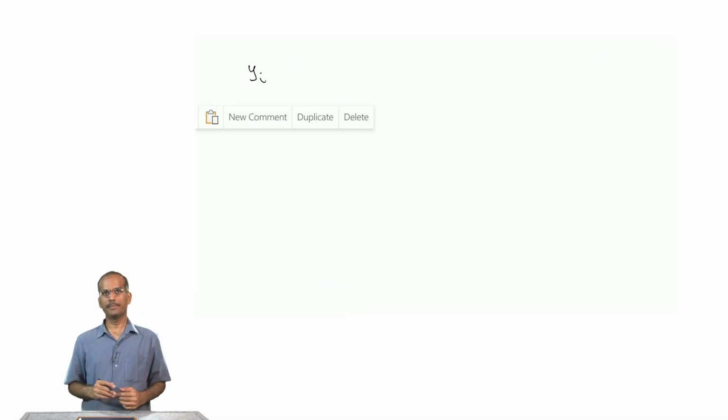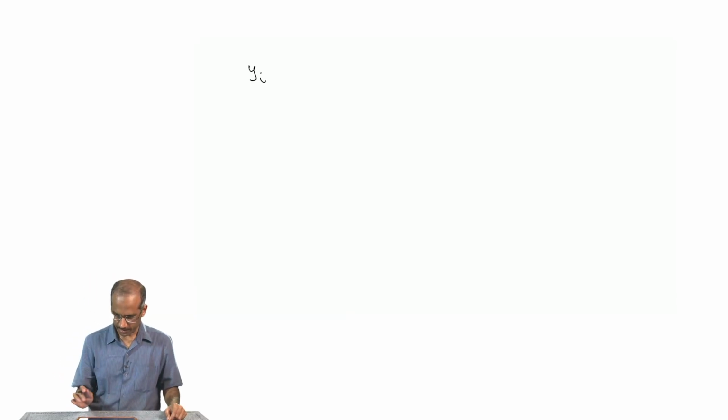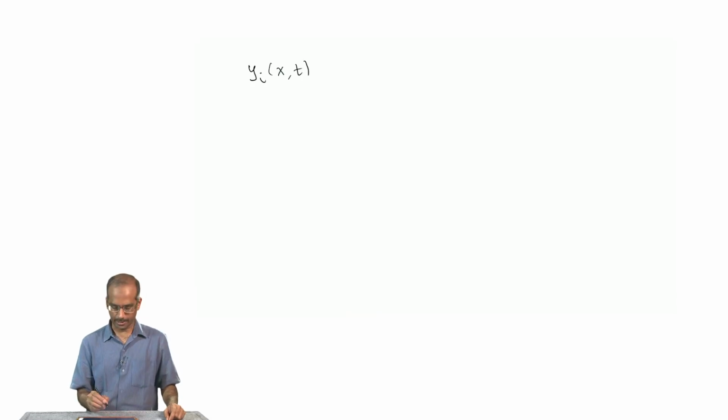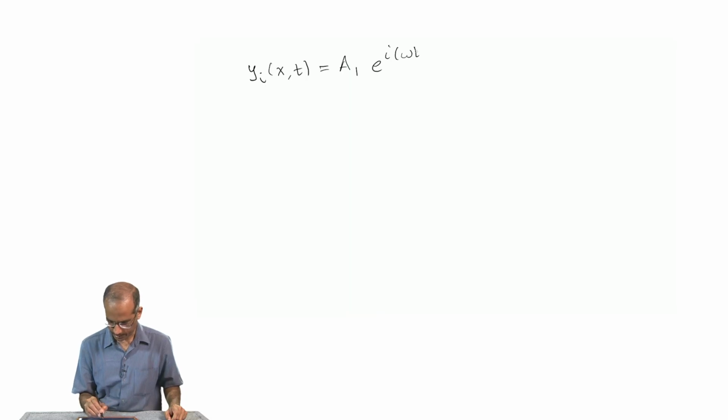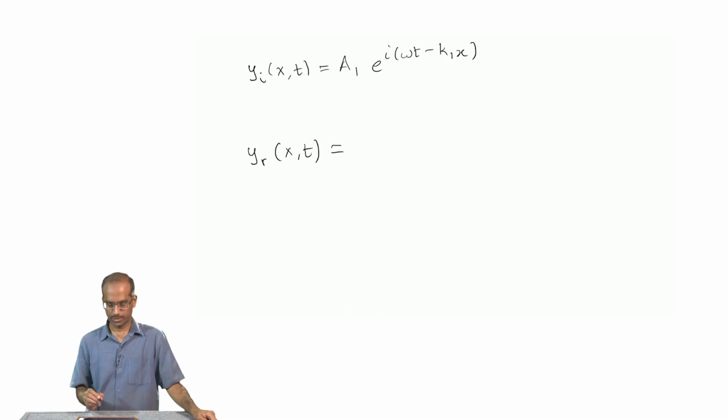So, let me write the incident wave. You should remember that the displacement of the incident wave, as usual, will be a function of position and time. So, I should be able to write it as A1 e power i (omega t minus k1 x). Similarly, I can write the reflected wave, y r, again a function of position and time.